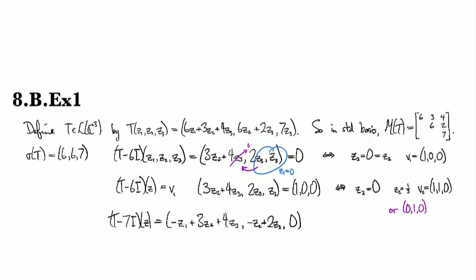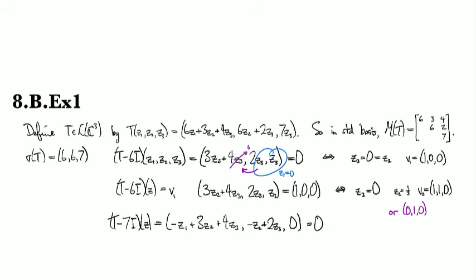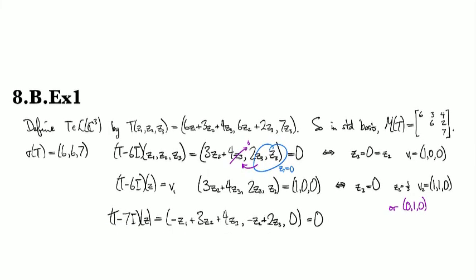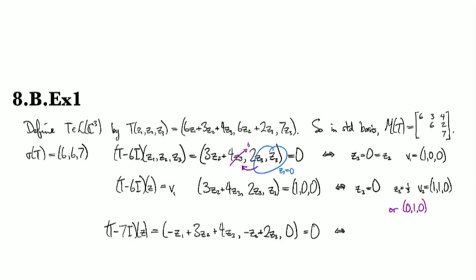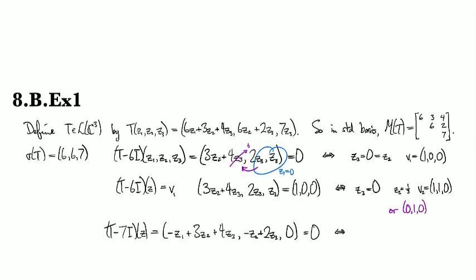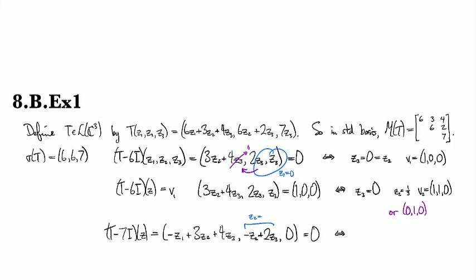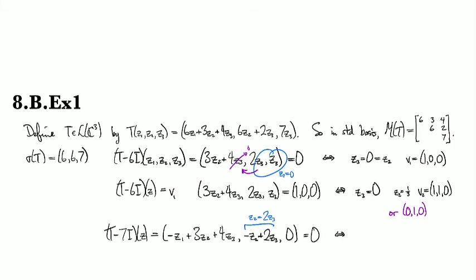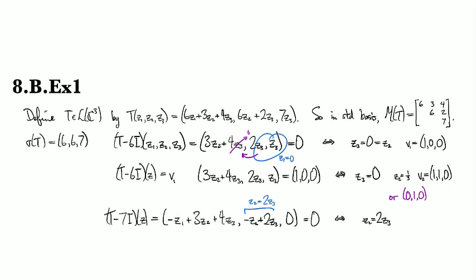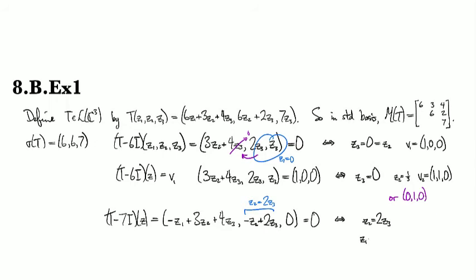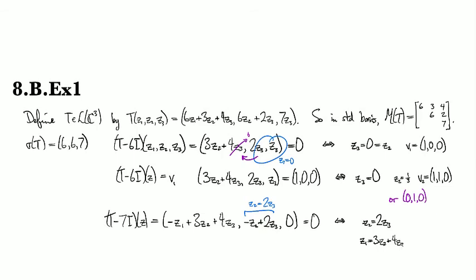And then this is going to be equal to 0 if and only if, and so what do we need? From this second coordinate right here, we're going to have z2 equals 2z3. And then from the first coordinate, we have z1 is equal to 3z2 plus 4z3.